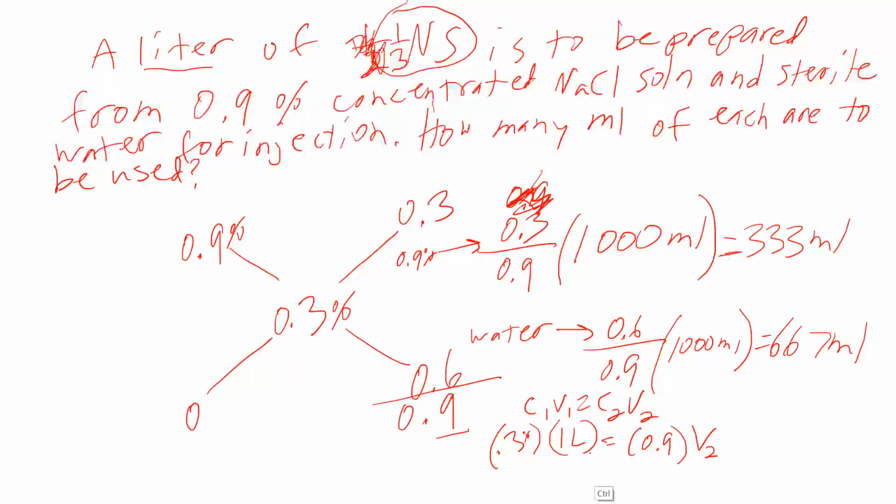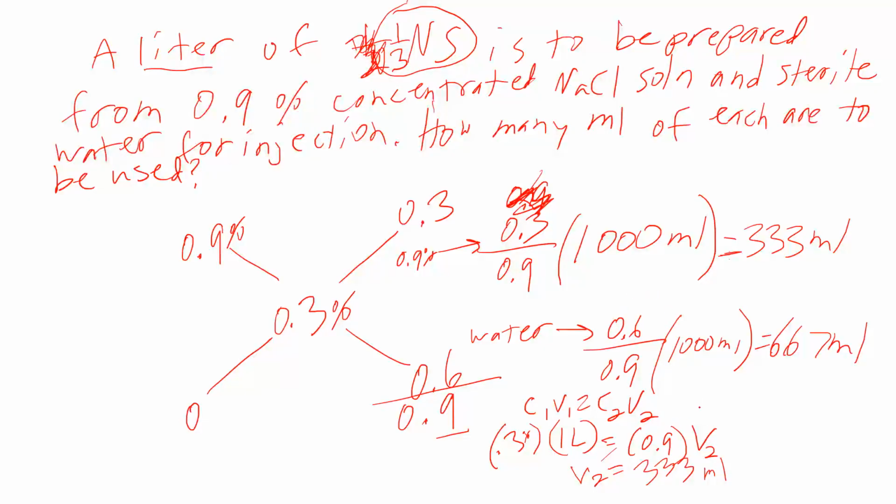That gives you V2 equals 333 milliliters. So C1V1 equals C2V2 also works.